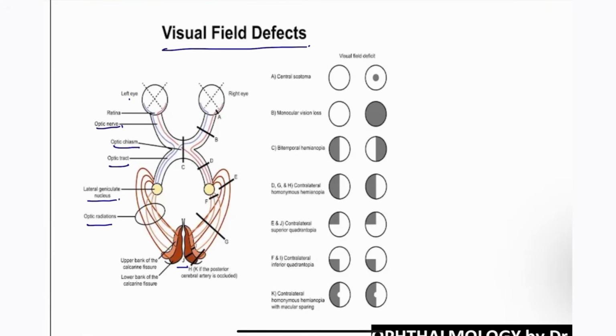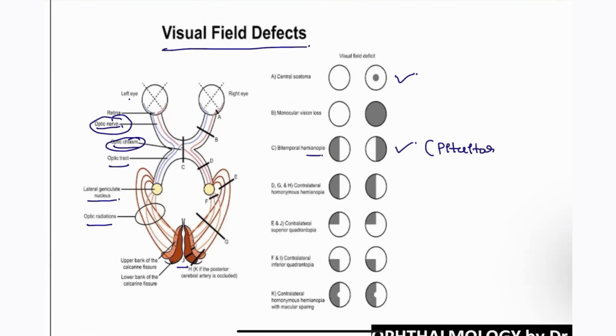If the patient has a defect at the optic nerve, what happens? You are going to see a central scotoma. And if the patient has a problem at the optic chiasm, you are going to see bitemporal hemianopia. Where do you see this most commonly?